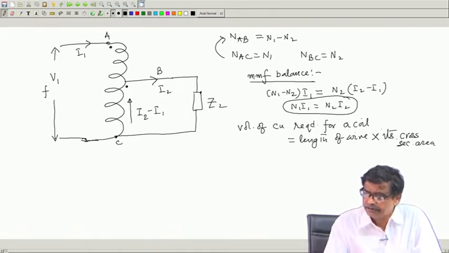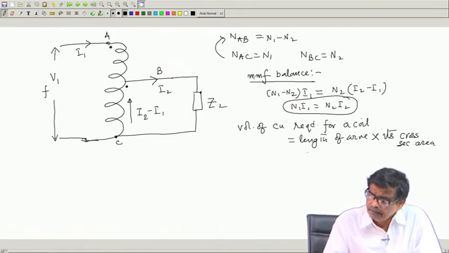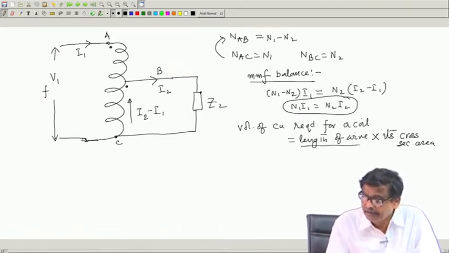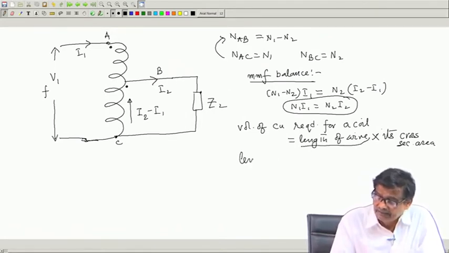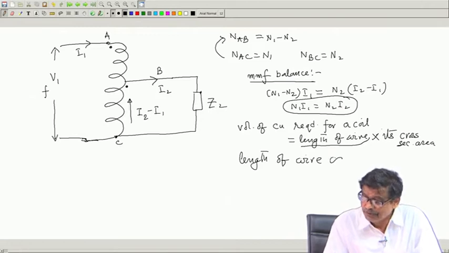It is very pretty simple: area into length gives you volume. Now, this length of wire is proportional to the number of turns of the coil, is it not?